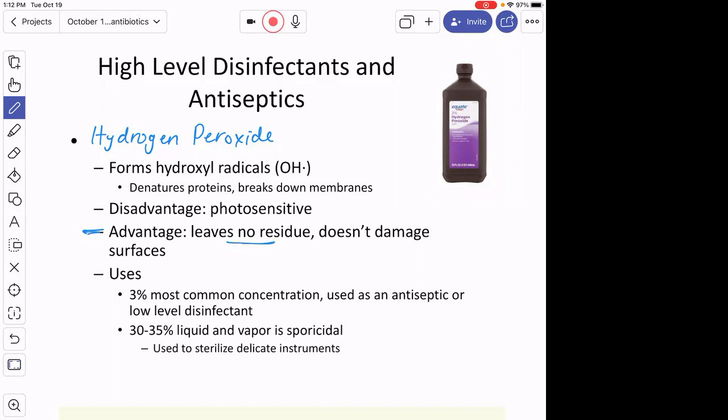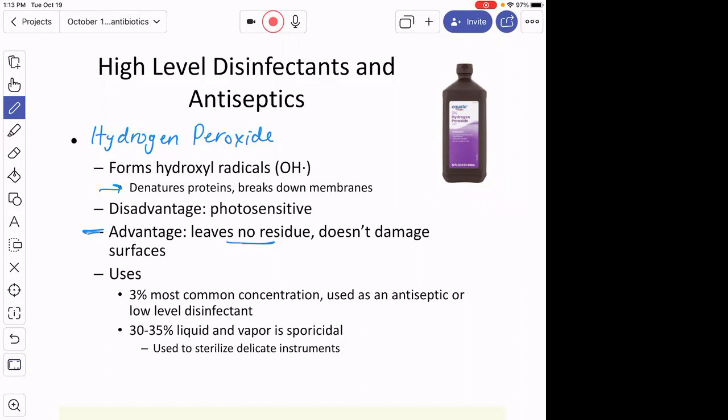I think some of those things could be said about the alcohols as well. How does it work? It forms hydroxyl radicals. If you remember, that's a pretty toxic form of oxygen that's going to be grabbing electrons off of other molecules. So it's going to be denaturing proteins, breaking down membranes, causing just a lot of damage in the cell. It can cause damage to the DNA as well.